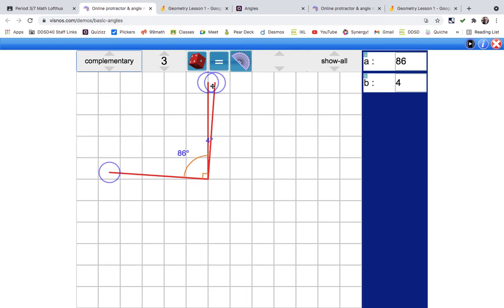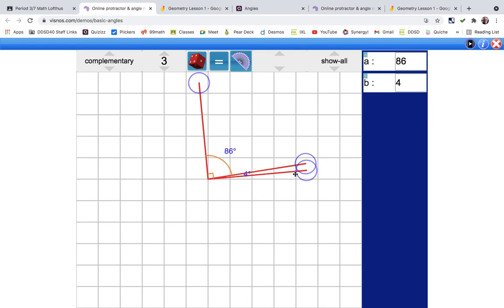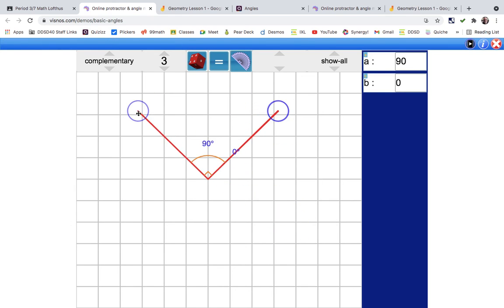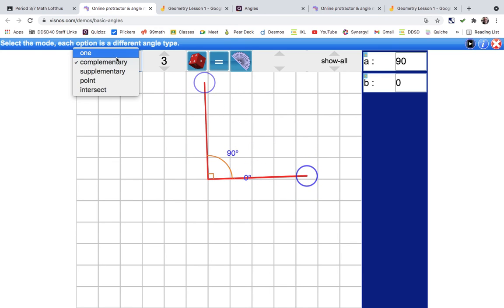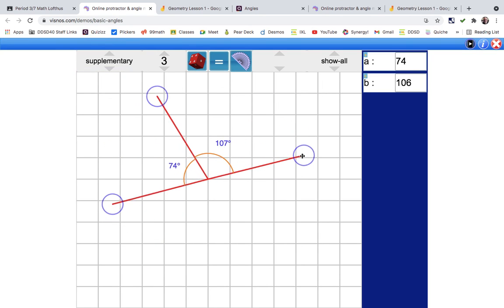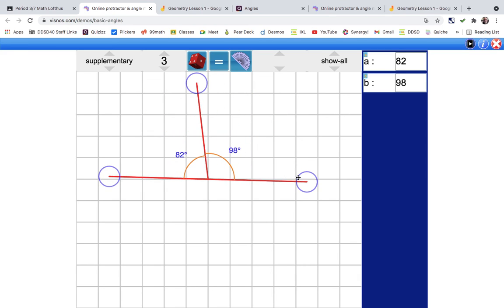Okay. The other thing we did here was we could see a picture of complementary. It's two angles that add up to 90. I'm going to get another one. For some reason that doesn't seem to be working so great. I'm going to try to fix that. Supplementary is working better right now. It adds to 180, so it's a combination of angles that add up to 180.